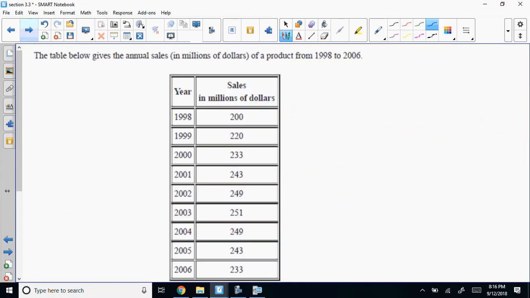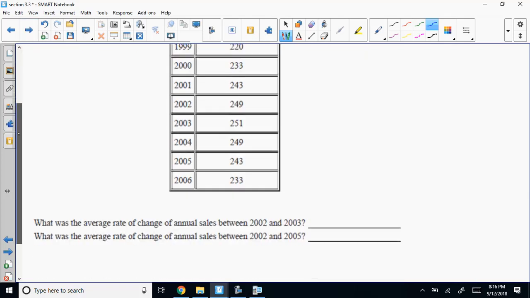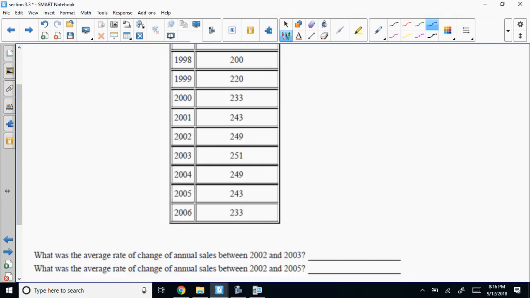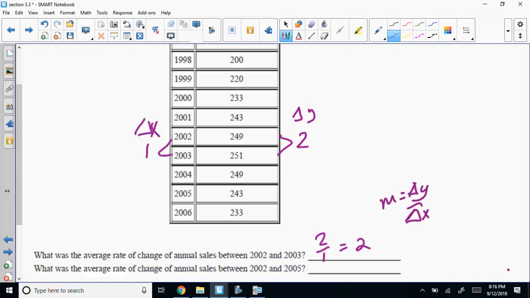All right. So if we can do it on an equation, we can do it on tables. So between 2002 and 2003, that's one. There's you changing y, and there's you changing x. Because slope is changing y over changing x, and that's 2 over 1, which is 2.